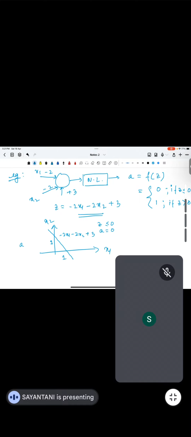And if it lies over here, that is a equal to 1, when z value is greater than 0, this is another region. So this belongs to another class. This is how I am separating the space into two different regions. Two different regions means two different classes. So this is how I can use a perceptron to classify between two classes.